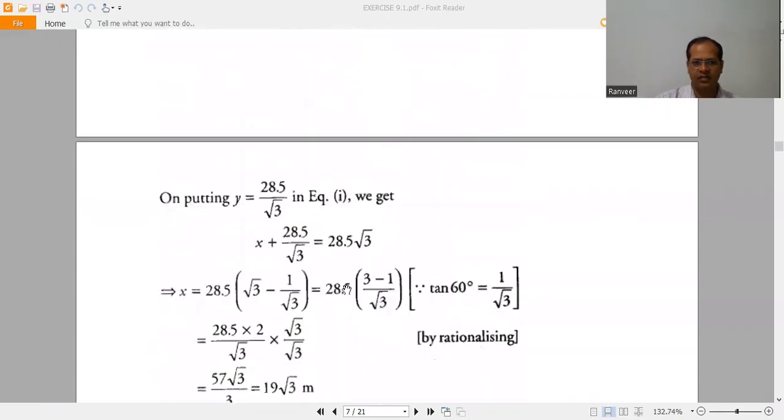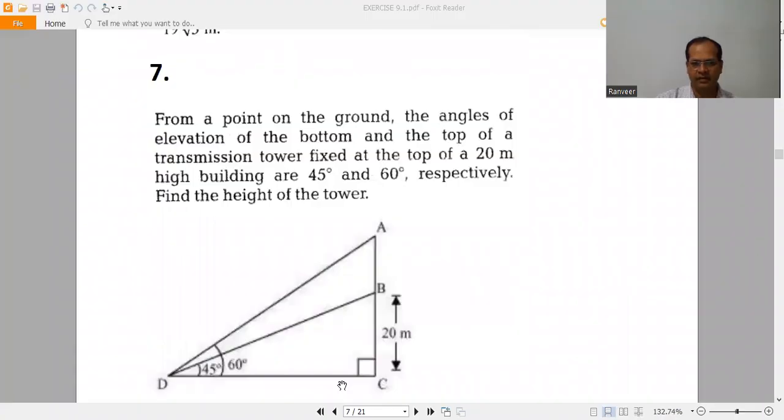Now, question number 7. From a point on the ground, the angle of elevation of the bottom and top of a transmission tower, so this is the tower whose top is this point and bottom is this point, fixed at the top of a 20-meter high building.